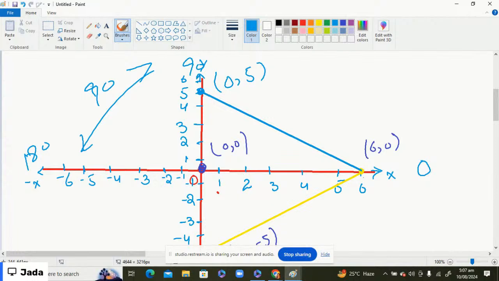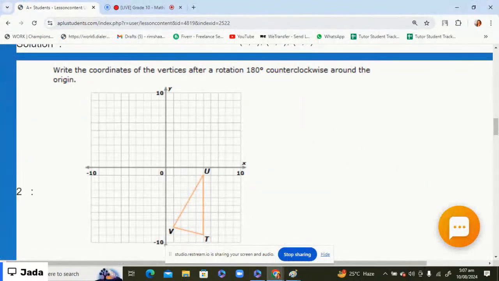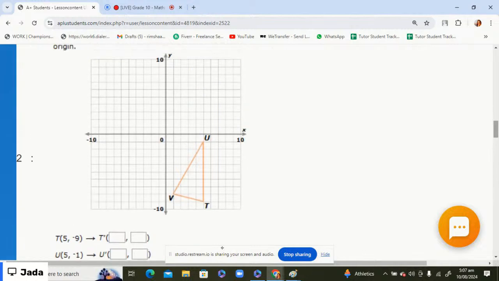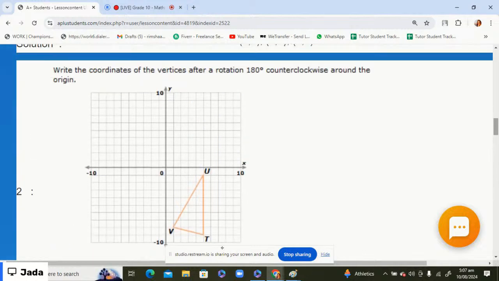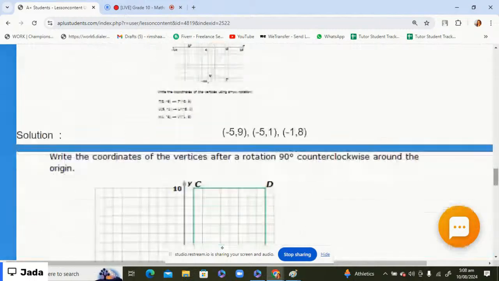coordinates. Now look, they are saying 180. So for 180, for example, the first points are 5 and minus 9, 5 and minus 1, 1 and minus 8.